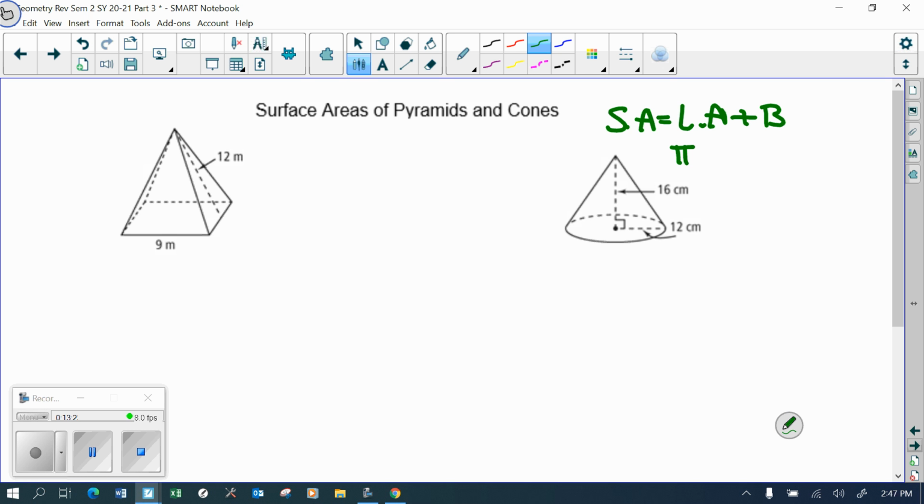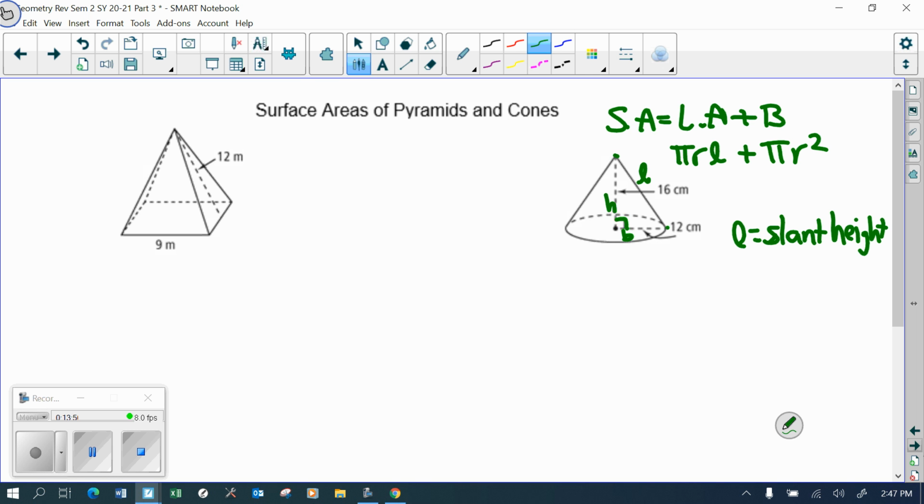Lateral area is pi RL, and L stands for slant height, which is different from height, where height and base are perpendicular. So there's my perpendicular. So this is the base down here. This is the actual height. This from the vertex down to this is called the slant height. That's the slant height. So we have to find that. Area of the base, pi r squared.